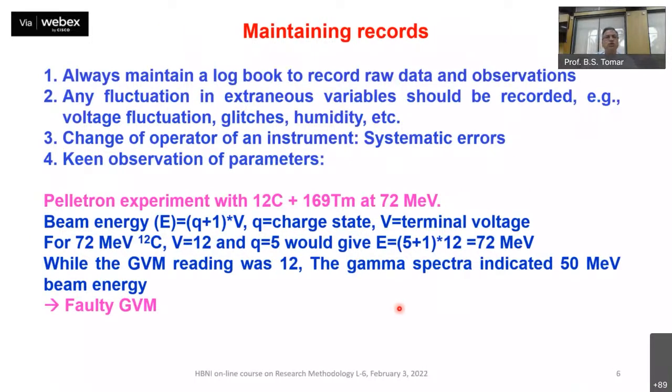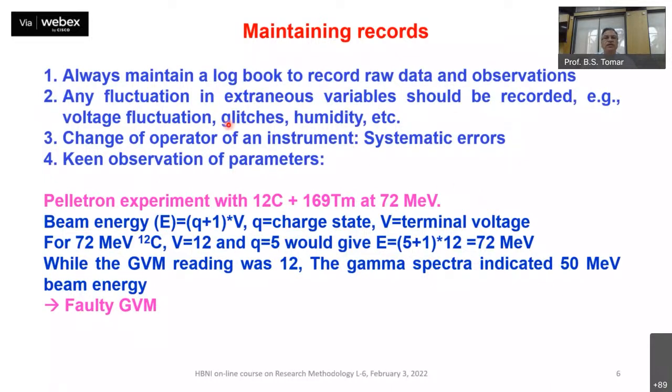So maintaining records is very important. Always maintain a logbook, though it can be in soft form also, to record raw data and observations. Whatever data you are generating or your instrument is showing, keep noting down.